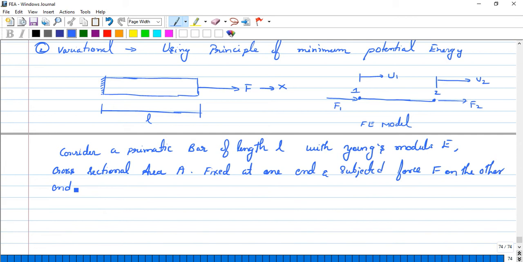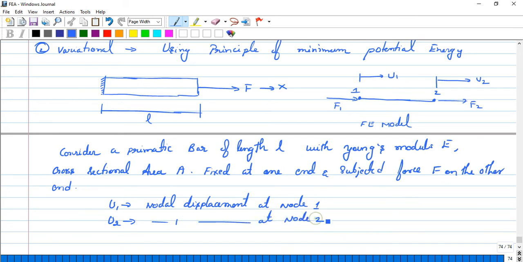So this is very much clear. Now we also made a consideration that U1 represents the nodal displacement at node 1, whereas U2 represents the same nodal displacement at node 2.